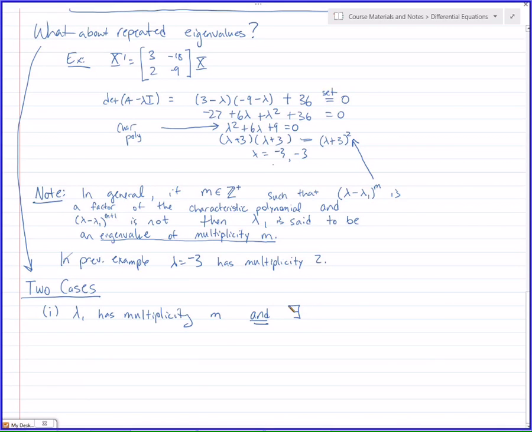there exists, have I done the backwards E yet in here? There exist m linearly independent eigenvectors corresponding to lambda 1.